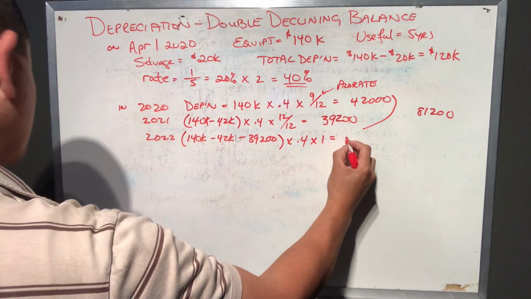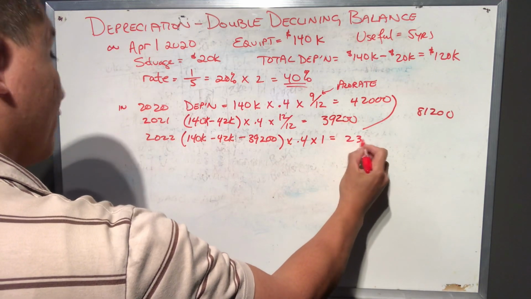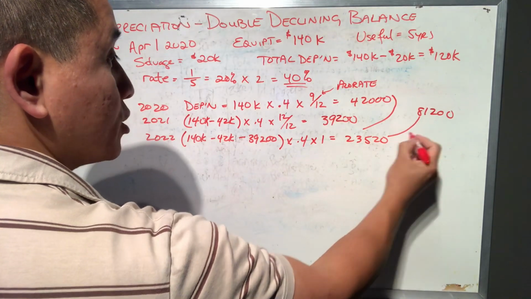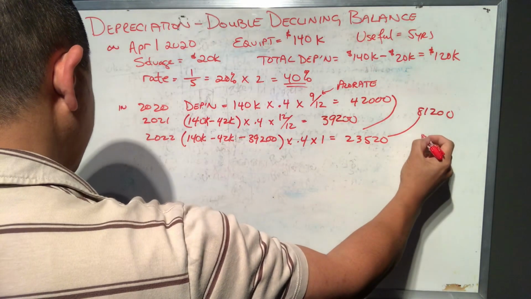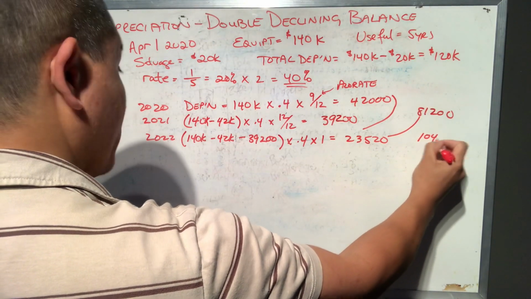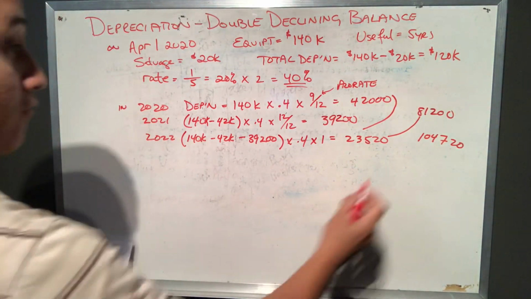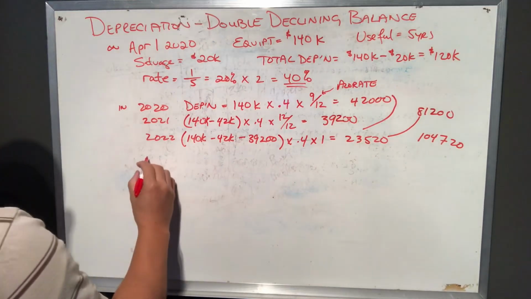So that would give us 23,520. Now, if we were to add these up, that would give us a total of $104,720 for total depreciation expense.